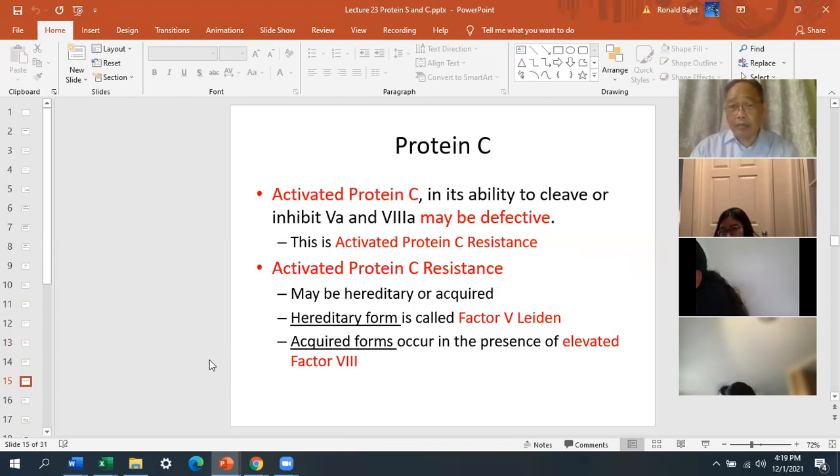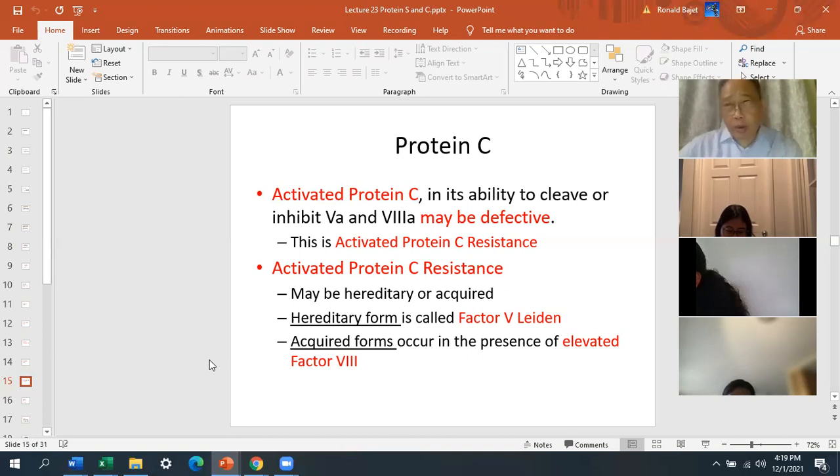So keep that in mind. Protein C will take out 5A and 8A, but when it's defective, 5A and 8A are intact, therefore you will form clots. In this case, if the activated protein C is defective, you have what's called activated protein C resistance.